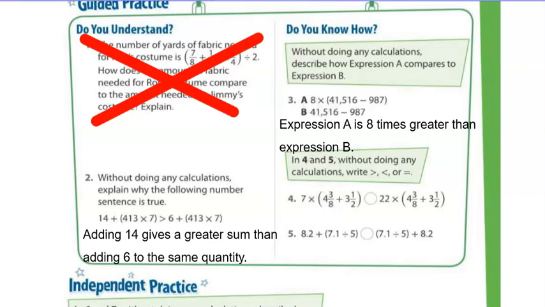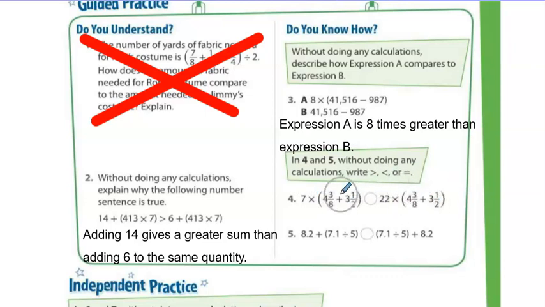Looking at number 4, within the parentheses, you have the same quantity. It's really important to try and figure out what is the same. So these are the same quantity, but on this one, you are multiplying it by 7, and on this one, you're multiplying it by 22.